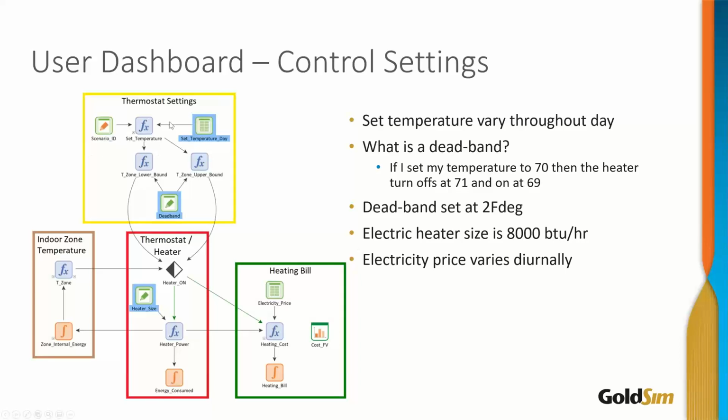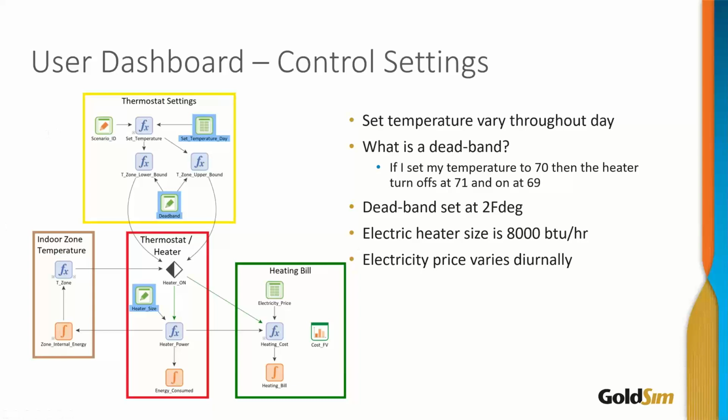The first feature that we're going to use is we have to set our set temperature throughout the day. Now, the plot earlier showed that it varied throughout the day, and it depended on each scenario. And this changes from person to person depending on your personal comfort.